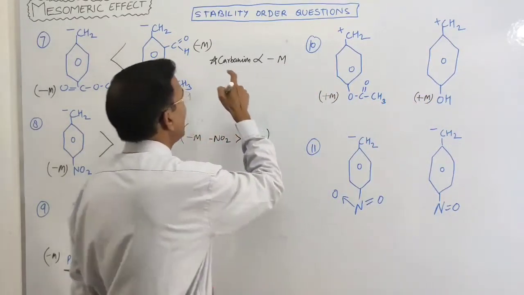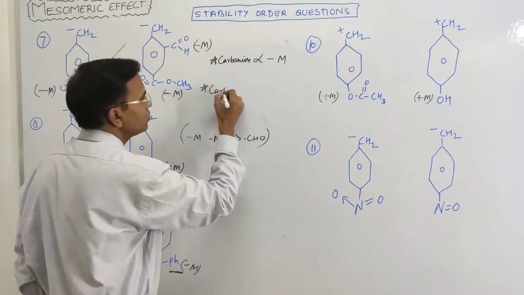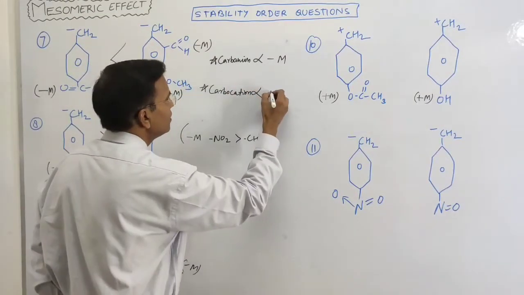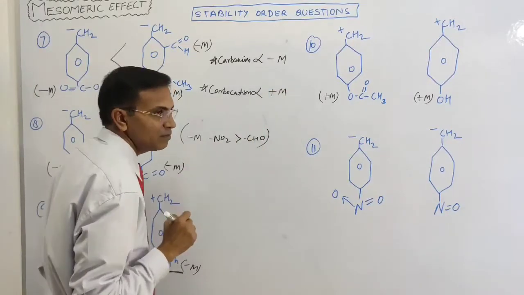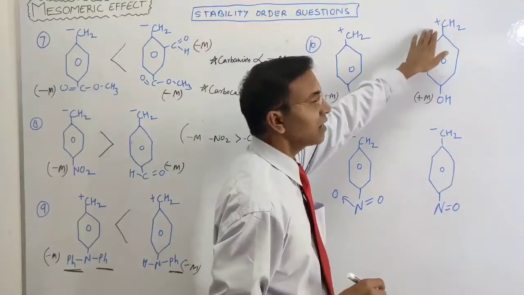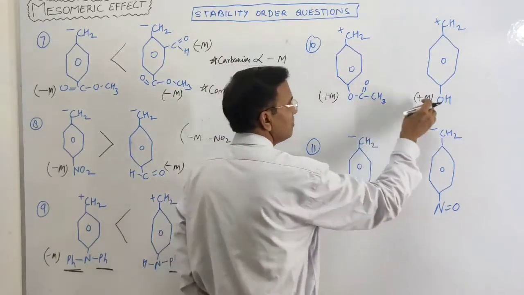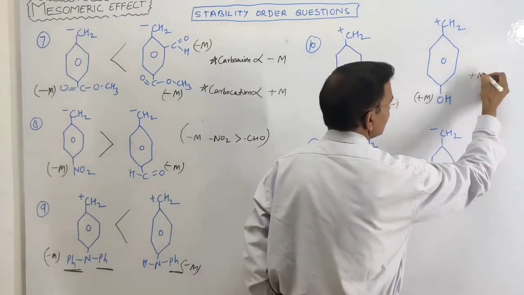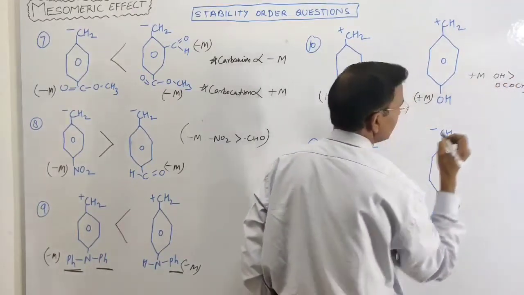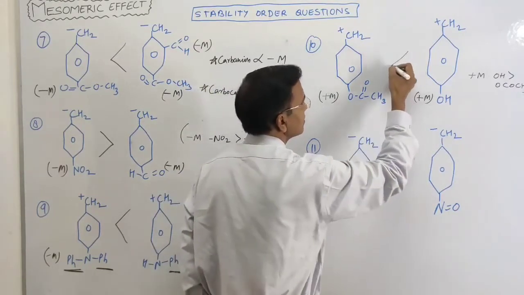And carbocation stability is directly proportional to the plus M effect, because it increases the electron density at the carbocation, decreases the positive charge and makes the carbocation more stable, right? So here the OH group shows the plus M effect more than OCOCH3, right? So this will be more stable than this.